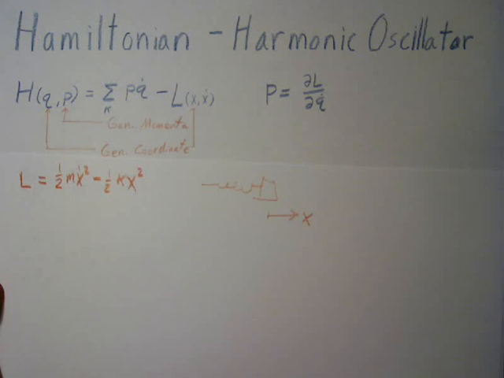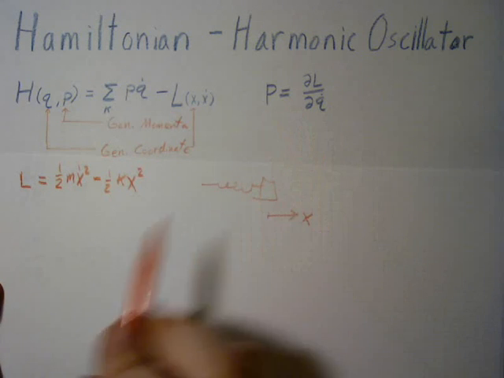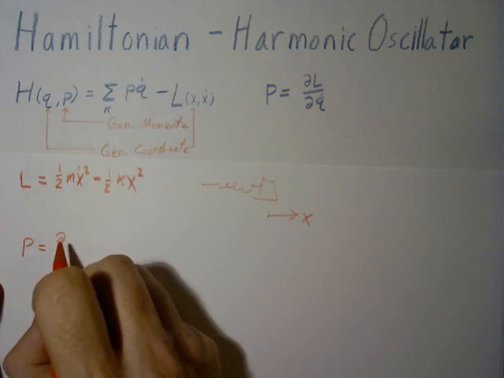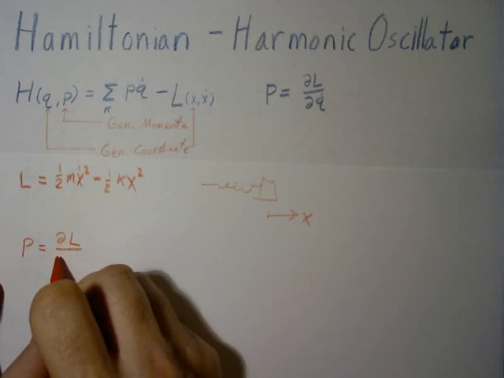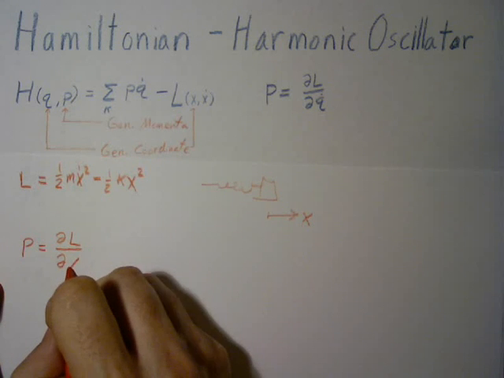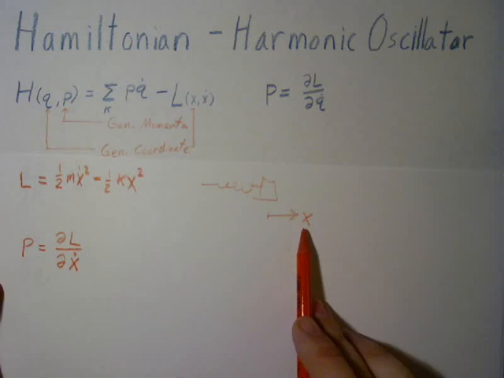Now, in order to solve for the Hamiltonian, we need to do two things. First, find the generalized momenta. That's going to be p equals the partial derivative of the Lagrangian with respect to x dot, because q is our generalized coordinate, which in this case is x.